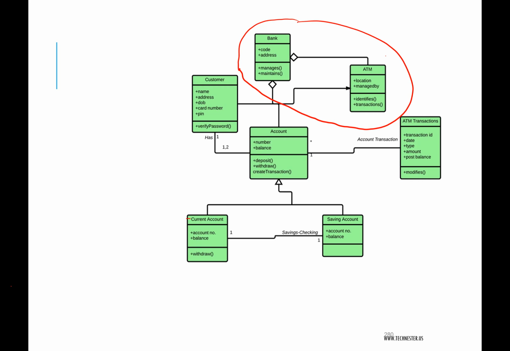However, the ATM cannot exist without the bank, because every input on the ATM must reflect in the bank database.